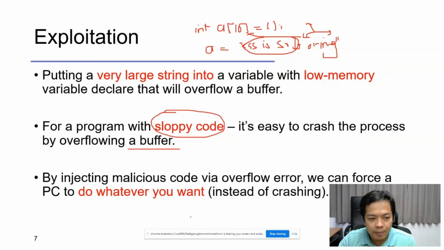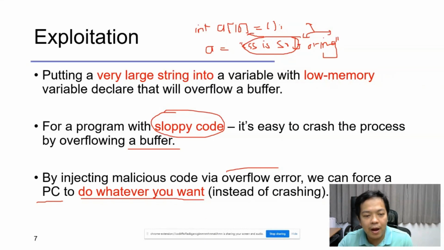So by exploiting this buffer overflow error, the hacker can inject malicious code via this error and can force a PC or a program to do whatever the hacker wants. How to exploit this I will show you later.